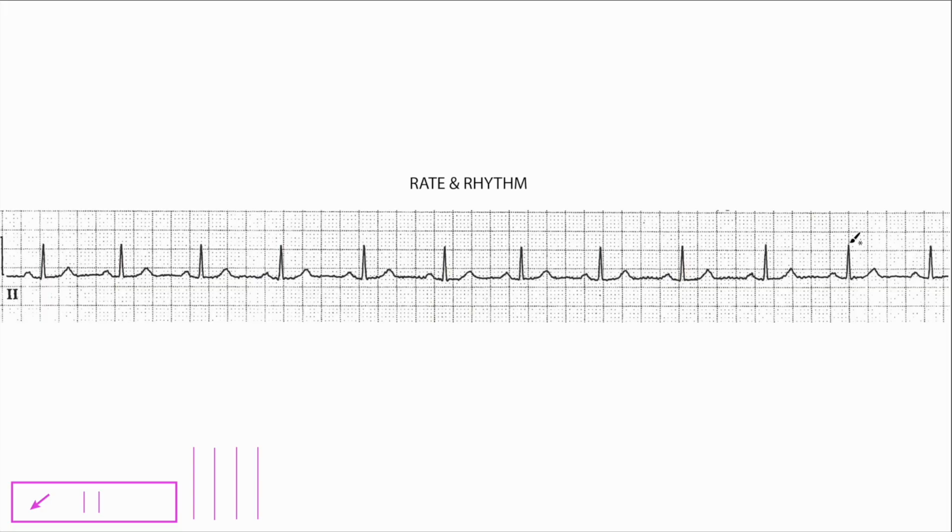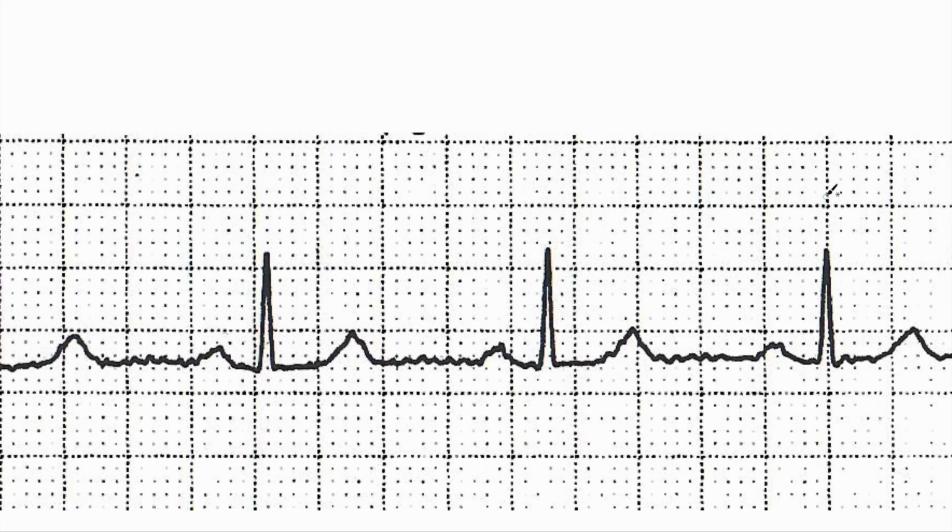Now, what I like to do, if possible, is find a QRS that lands on this major line, or this thick line, and then I'll just use the 300 method. So 300, 150, 100, 75, 60, and this lies roughly 1/3 of the way between 60 and 75, right?